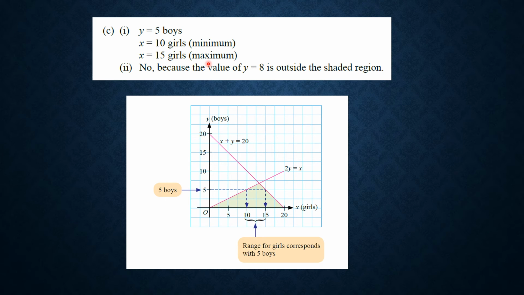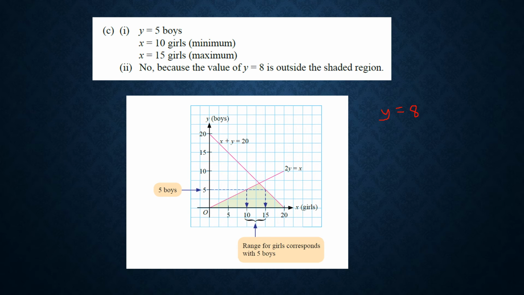Next, the second part: determine whether the condition of the selection is adhered to if 8 boys want to participate in the choir competition. Justify your answer. So if 8 boys want to participate, that means Y equals 8.